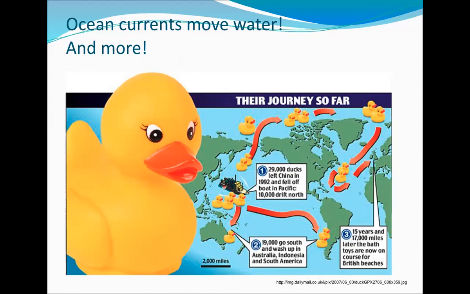And over here, 15 years and 17,000 miles later, the bath toys are now on course for the British beaches. So ocean currents move water, but in this case, they also move rubber ducks.